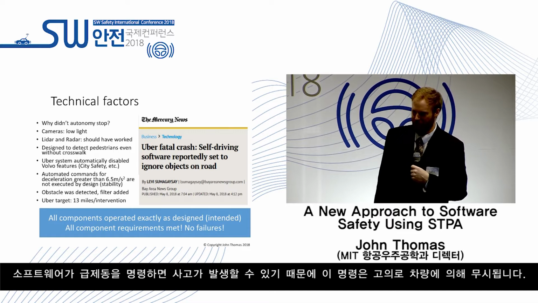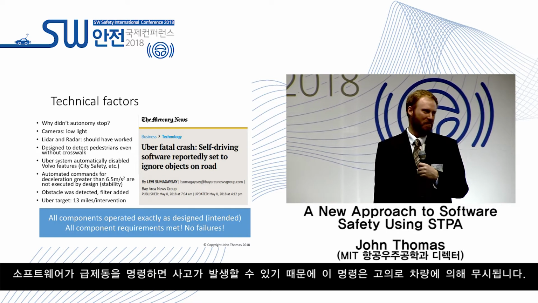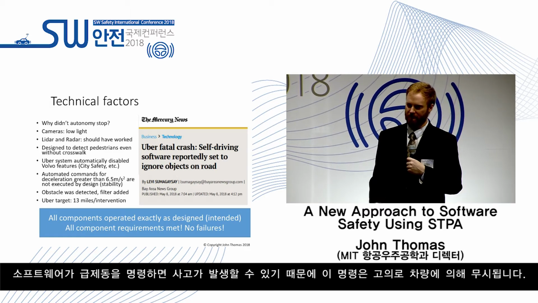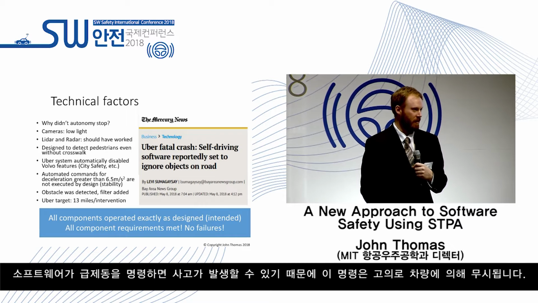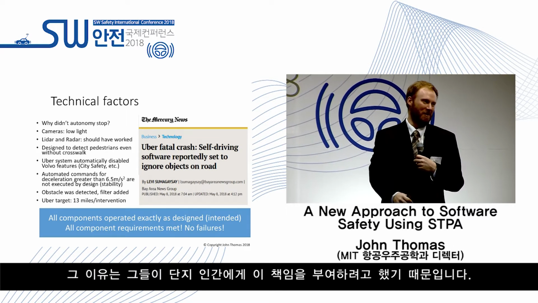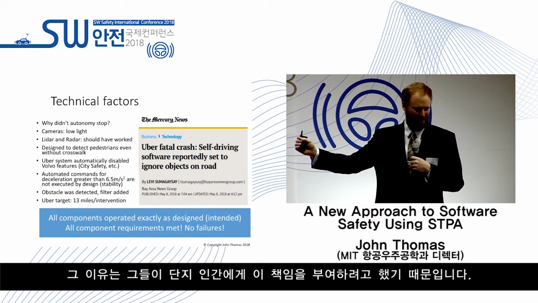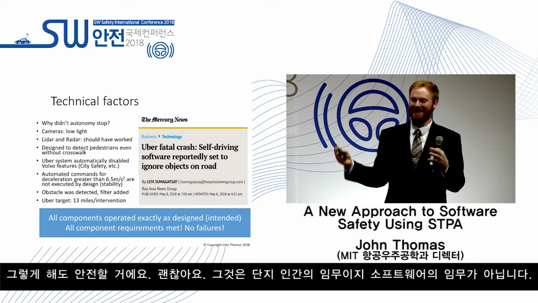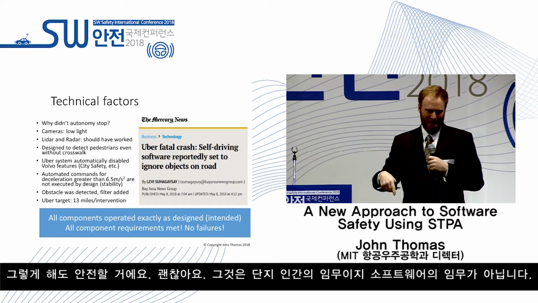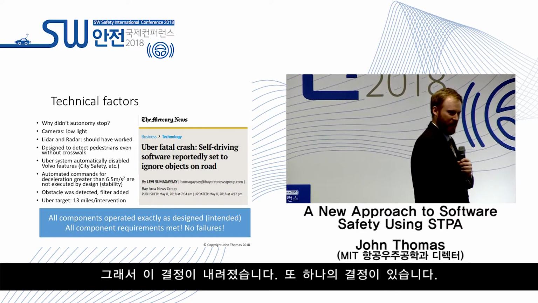If the software commands hard braking, it will be ignored by the car on purpose because it could cause an accident. Now the reason was they were just going to assign the responsibility to the human. It will be safe, it's okay. It's just the human's job, not the software's job. So this decision was made.